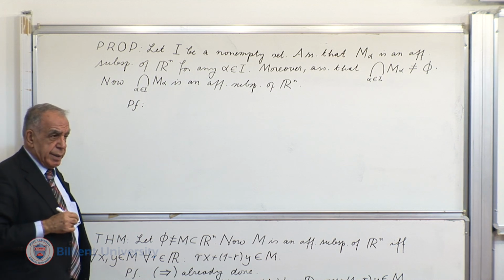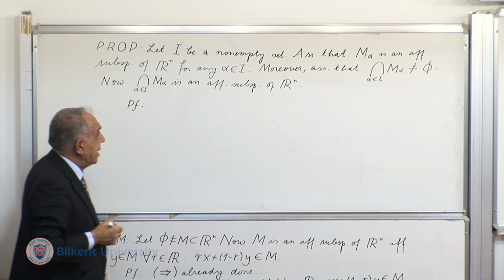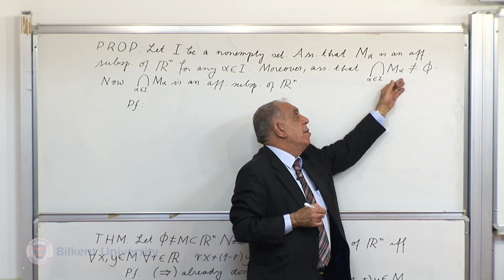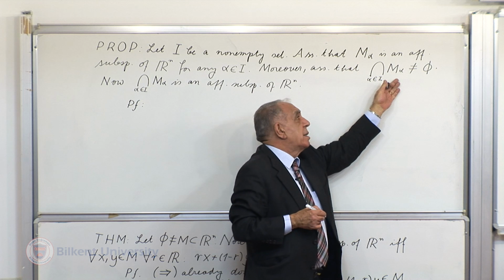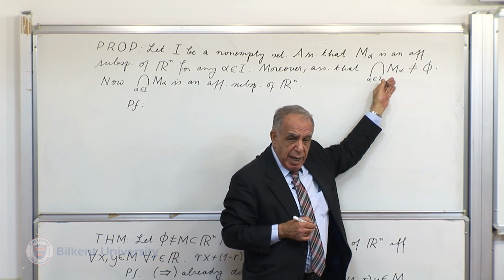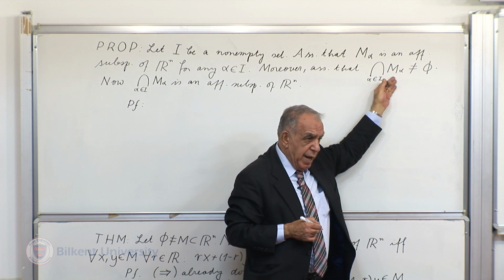Now let us show this. Here, the non-emptiness of this implies that there is some common member, say lowercase m, to all these affine subspaces.